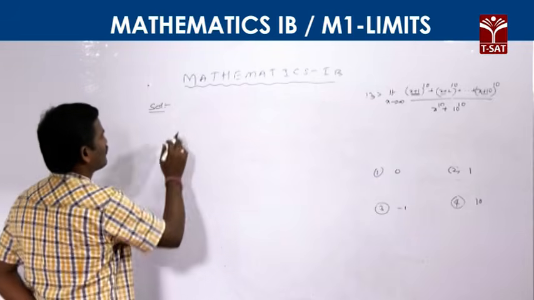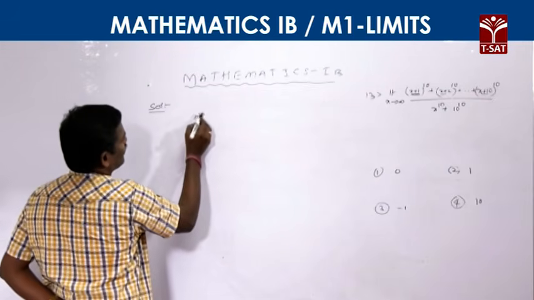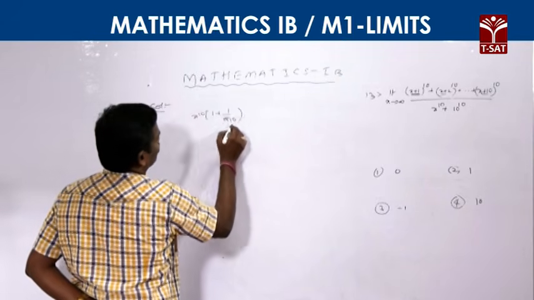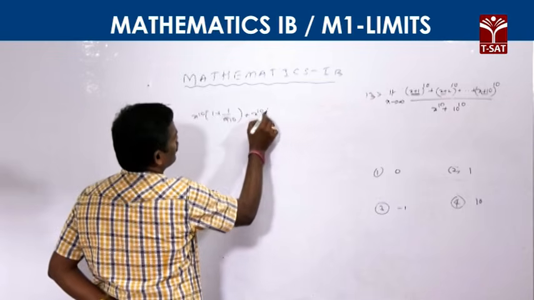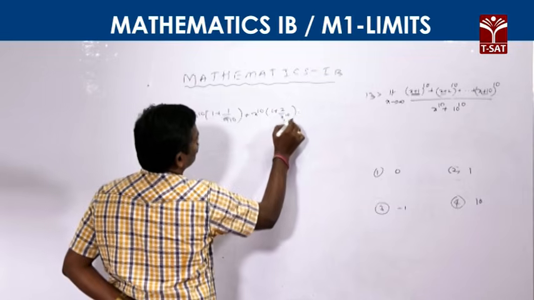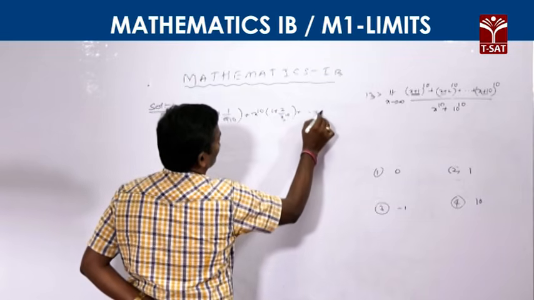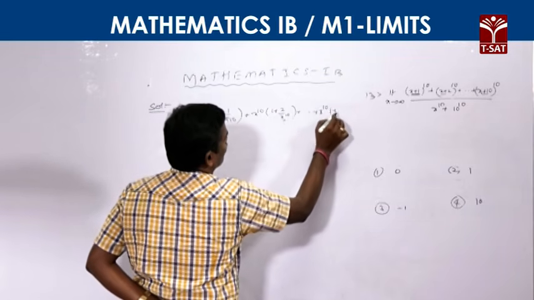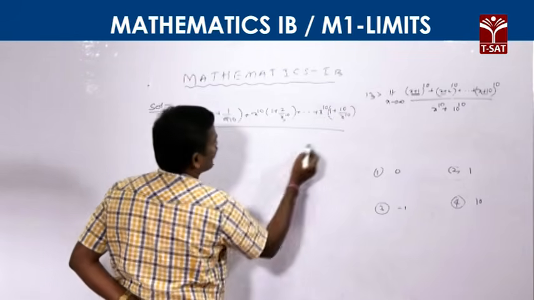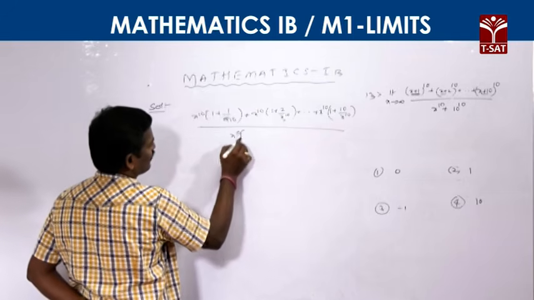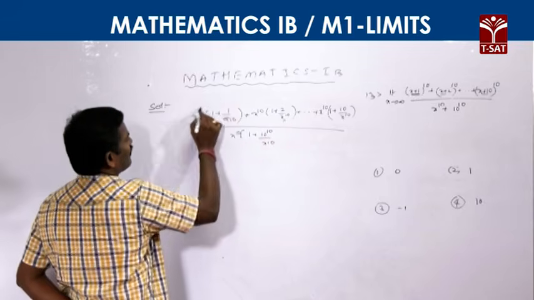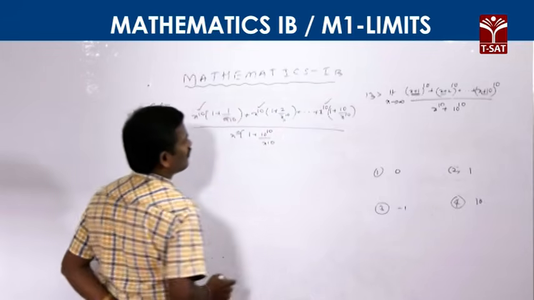So in each bracket, x power 10 taken common: x power 10 into (1 plus 1 by x) power 10, plus x power 10 into (1 plus 2 by x) power 10, and so on, plus x power 10 into (1 plus 10 by x) power 10. In the denominator also x power 10 is common: x power 10 into (1 plus 10 power 10 by x power 10). So again x power 10 is common throughout the series.